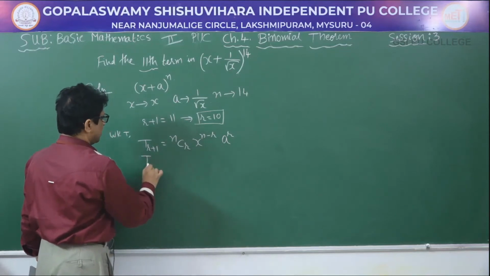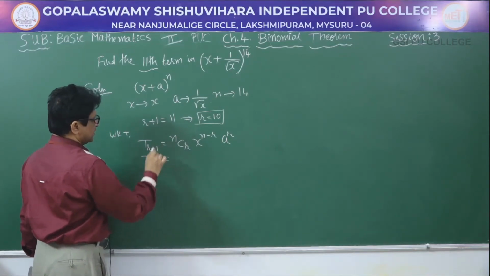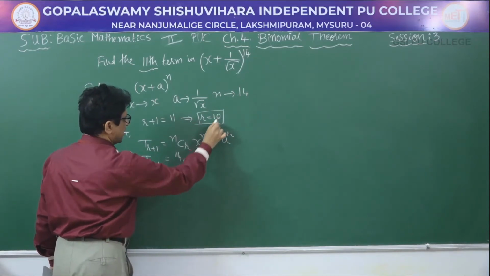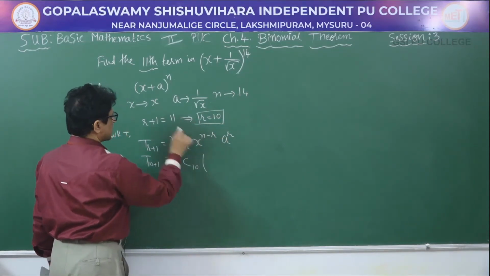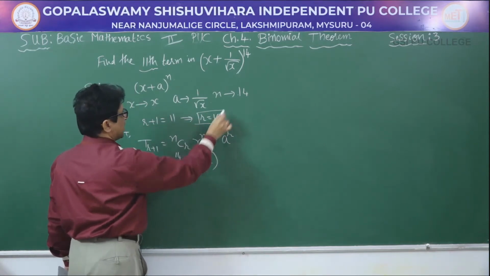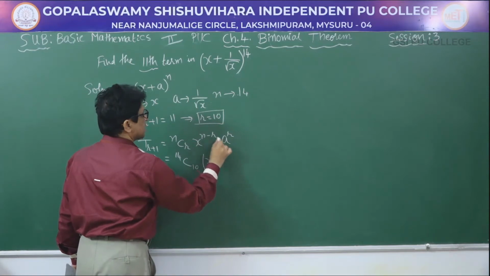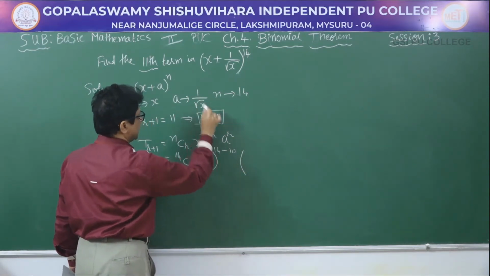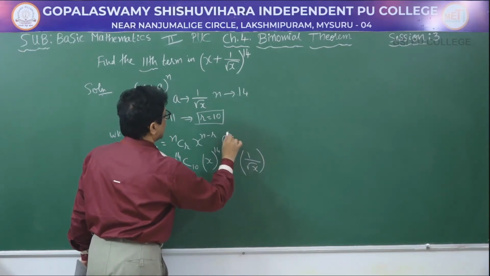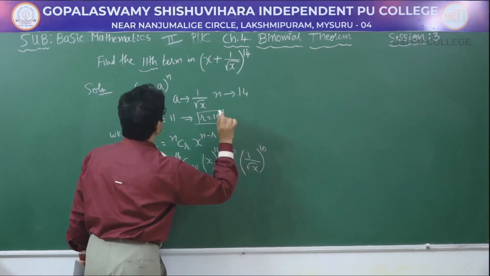So, we have T 10 plus 1 is equal to n is 14, C, r is 10 into x is x itself, power n minus r, n is 14 minus r is 10 into a is 1 by root x whole power r is 10.